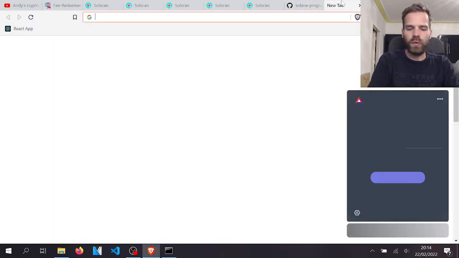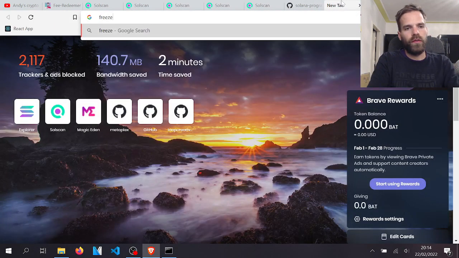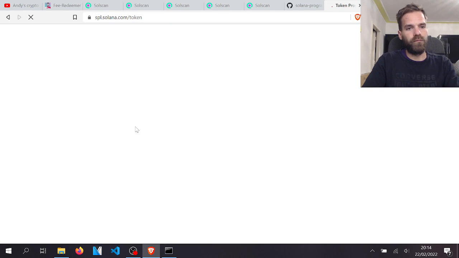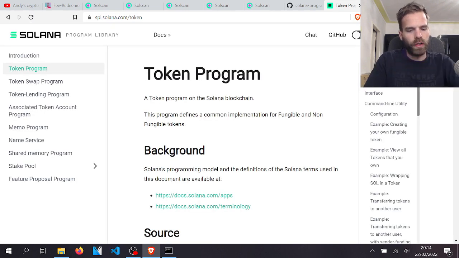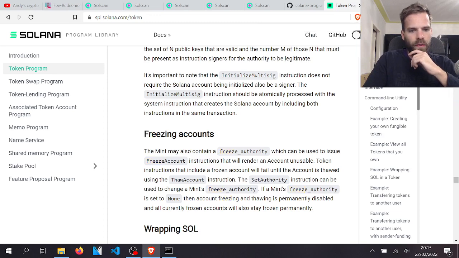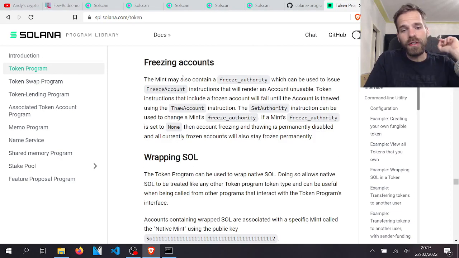So maybe let's Google freeze SPL token Solana token program. And that looks like a good one. And then we say freeze. Freezing accounts. The mint may also contain a freeze authority, which can be used to issue freeze account instructions.